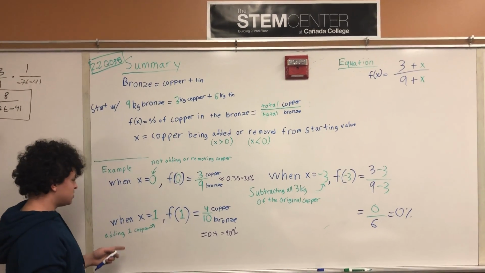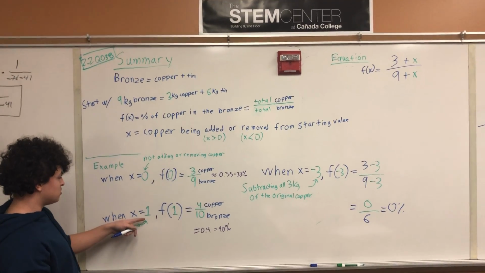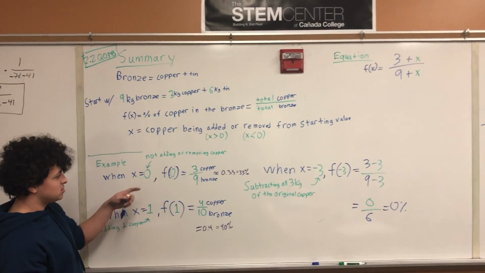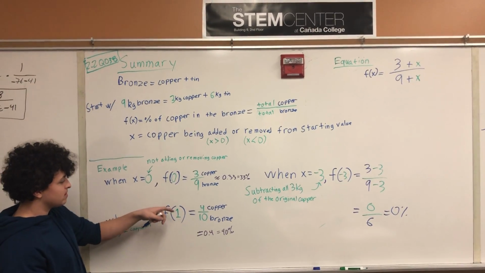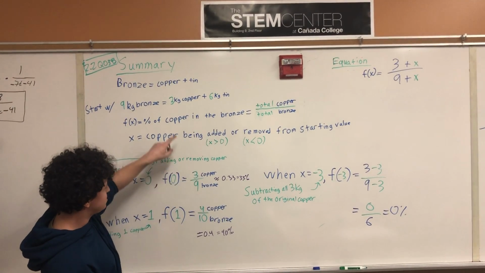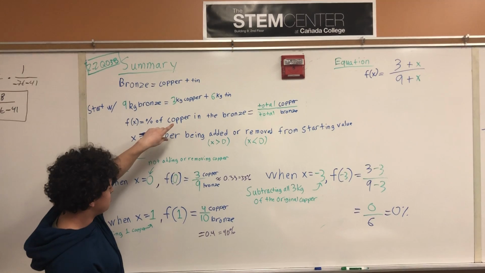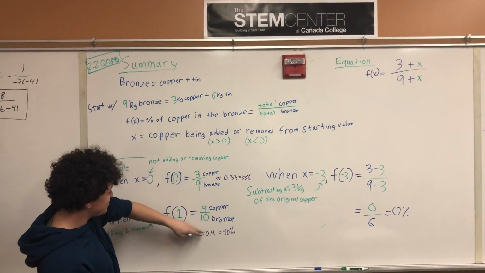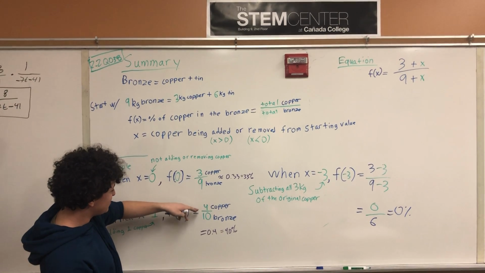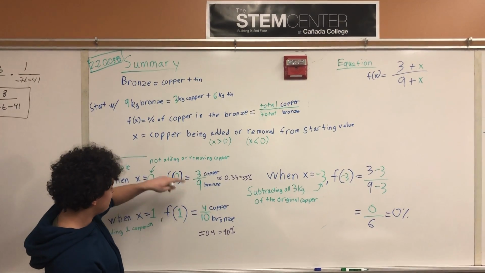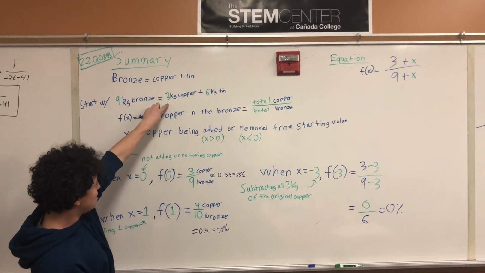So another example is when x is equal to 1, you are adding 1 copper to the total copper. So that means that it would be 4. The new percentage would be 40% because you're adding 1 copper, which increases the bronze also.